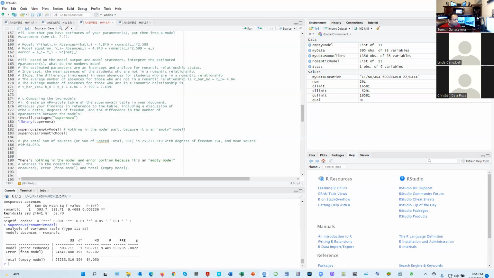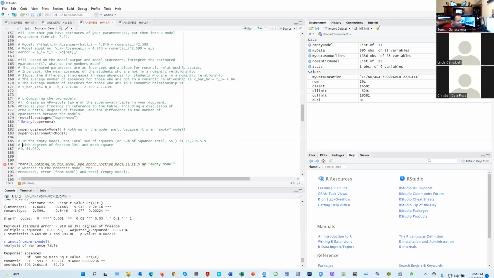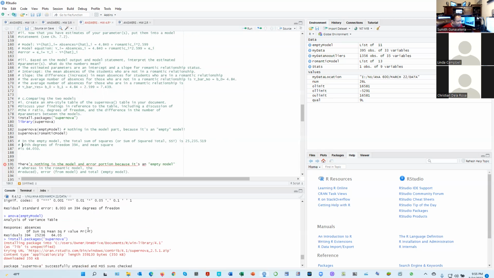In the empty model, the sum of square total, which is SST, is this much with degrees of freedom 394 and 64. What is 64? 64 in the model.